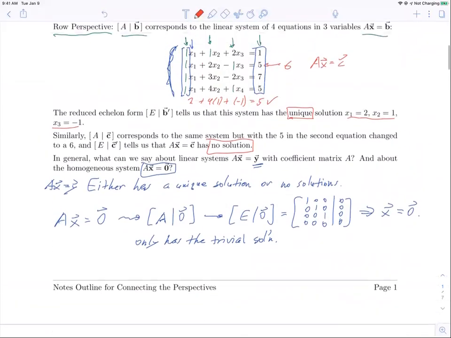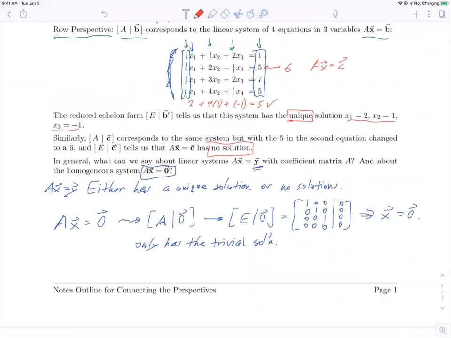When we looked at the row perspective, we looked at the homogeneous solutions. We said it was possible to have no solutions. And that's equivalent to the column space not being all of R4, because we could find augmented columns that didn't give us solutions.